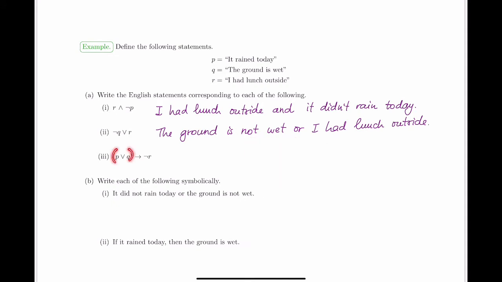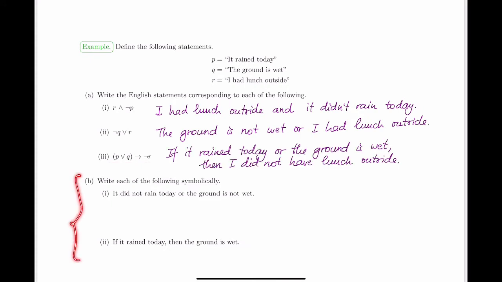So here we have our disjunction first, P or Q. So it rained today or the ground is wet implies not R. So implies that I did not have lunch outside. Again, notice that you can use the implies that statement, or you can use the if-then statement. If it rained today or the ground is wet, then I did not have lunch outside.